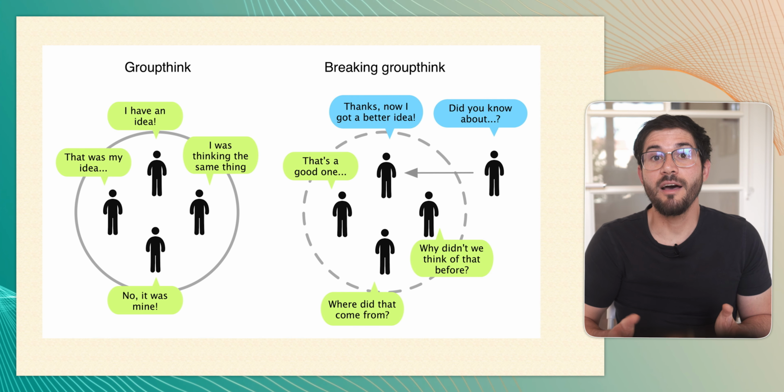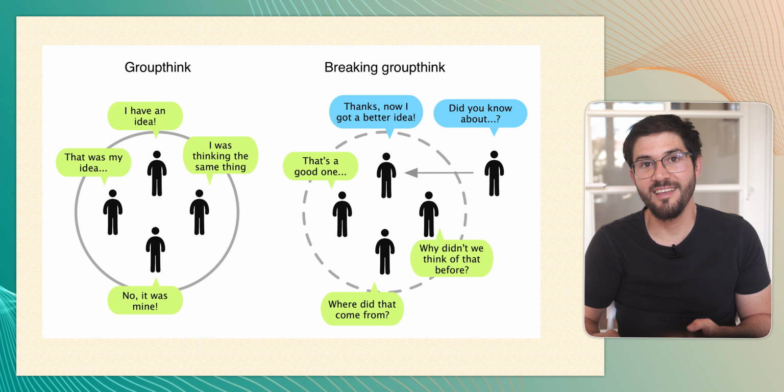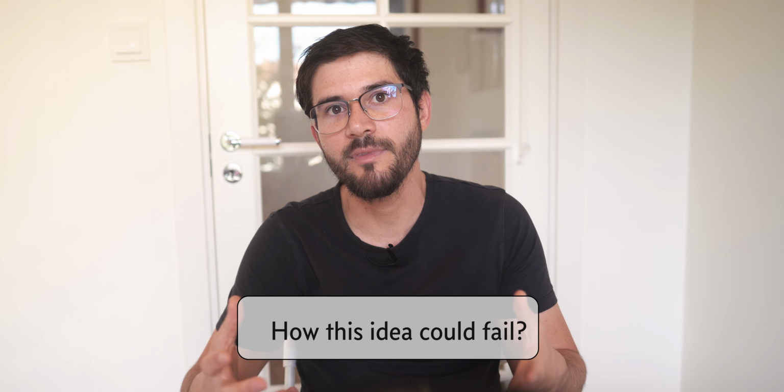Then you can rotate that role so that everyone gets comfortable with disagreement. And you can always start the discussion in the group with a question like, for example, how could this idea fail? That is a simple habit that can completely change the expected outcome.